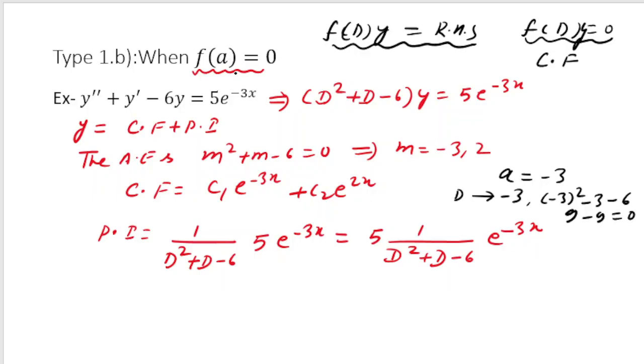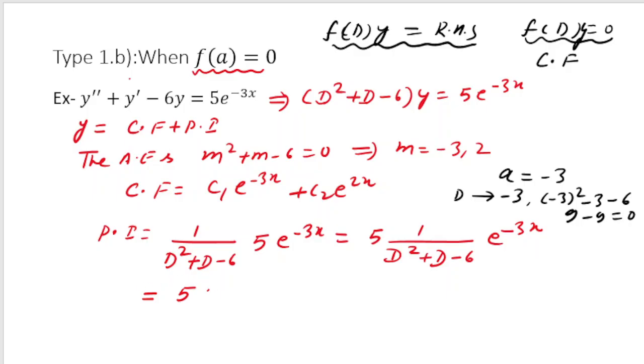But as I told you, we can replace D by a only when this F(a) does not become 0. So what we need to do in this kind of situation, I am going to explain very carefully because this is an important situation. The process is that we have the term 5 here, so we just copy it.